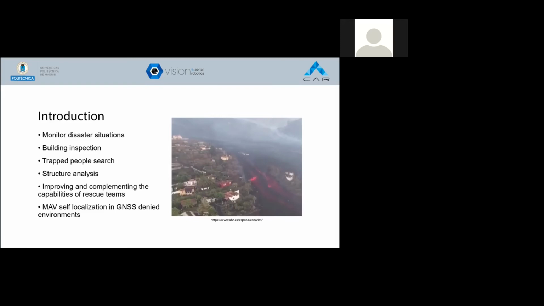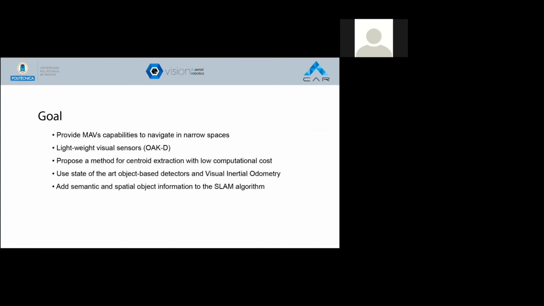In most or some of these situations, global navigation satellite systems are available to help these vehicles localize, but this is not always the case. So I think research on this topic is always welcome, and this is basically the motivation for the project. The main objective was to provide MAVs or AVs with the ability to navigate in narrow spaces using lightweight and inexpensive visual sensors such as the OAK-D, which we will talk about later.